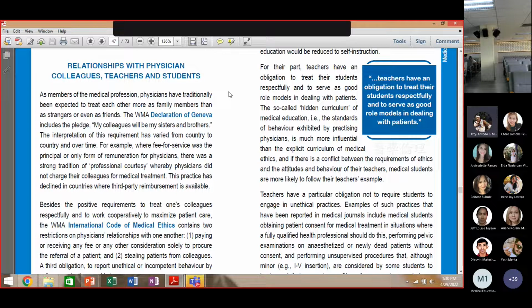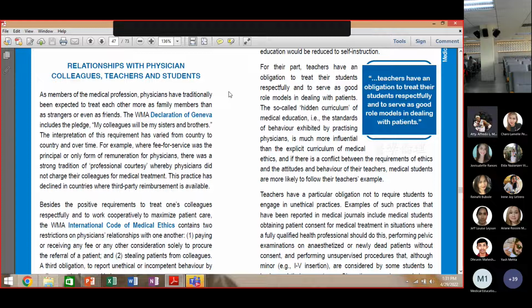As members of the medical profession, physicians have traditionally been expected to treat each other more as family members than as strangers or even as friends. So, brotherhood, sisterhood.